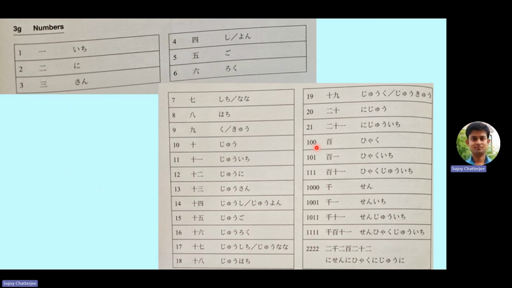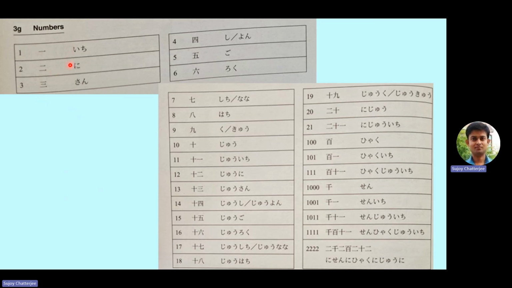Having said that, now let's begin reading out these numbers. As you can see in this table, there are three columns. The first one lists the numbers in the Roman or decimal system. Then we have this pictorial system which is called kanji, which we shall cover a little later in today's lecture.